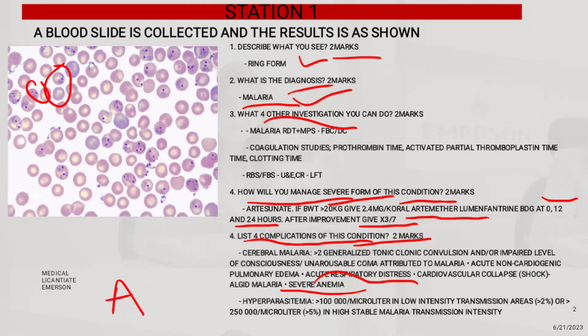Those are some of the other complications of this condition. And the other one, which they most likely like to ask about, is blackwater fever. That's one of the complications of severe malaria.